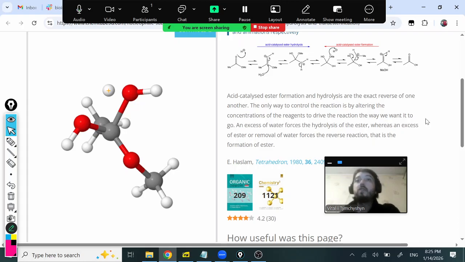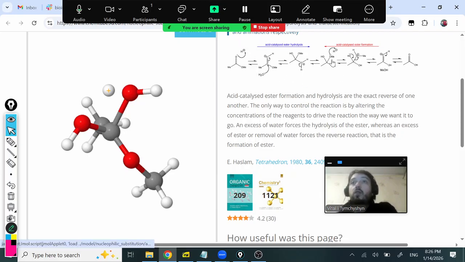So the only way to control the reaction is by altering the concentration of the reagents to drive the reaction the way you want. For example, an excess of water will force the hydrolysis of the ester, whereas an excess of ester or removal of water forces the reverse reaction, that is the formation of the ester. So depending on what happens here.